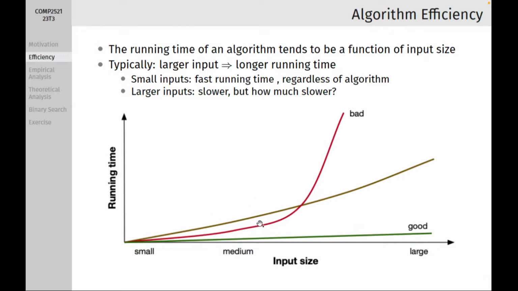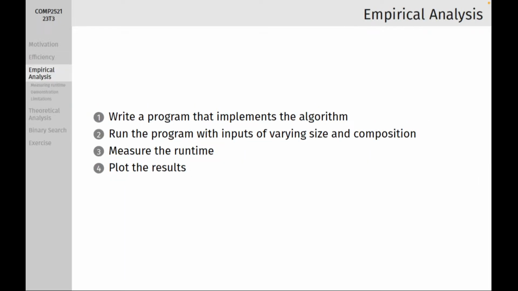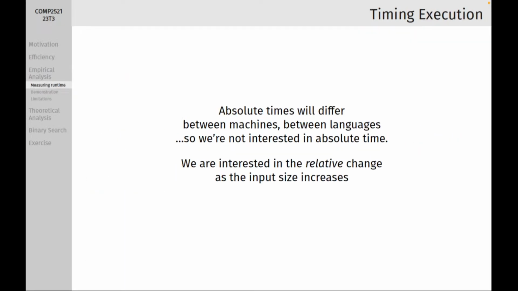Suppose we just measure how long the program takes on one input size. It just gives us 1 point on this graph, but it doesn't really tell us the trends. Because if you run it on another input size, how much is the time going to grow? So you want to run your program on multiple input sizes.